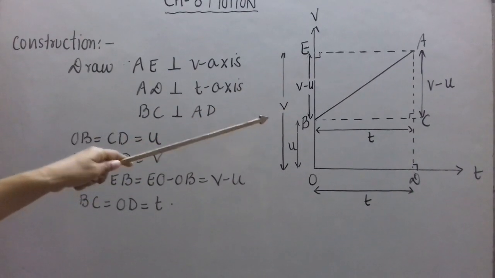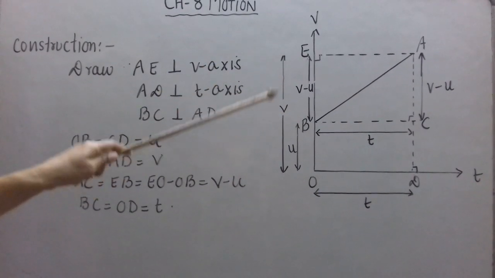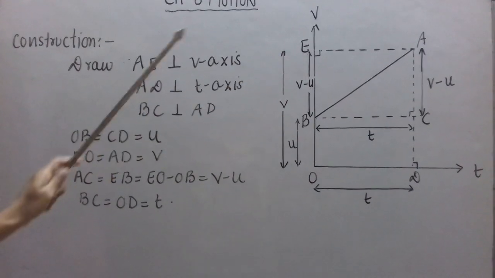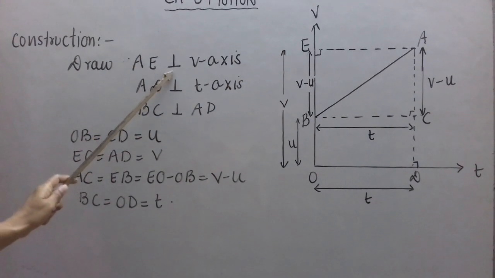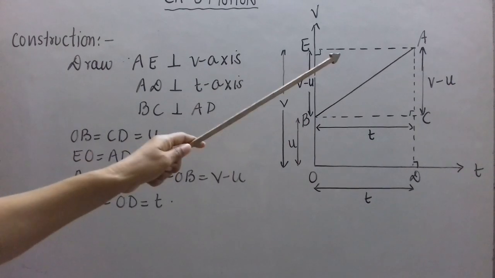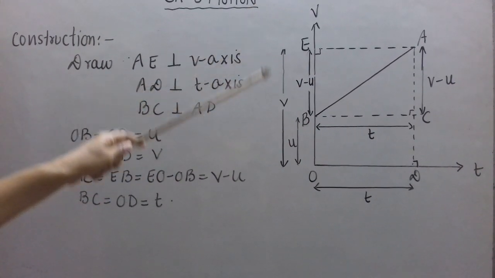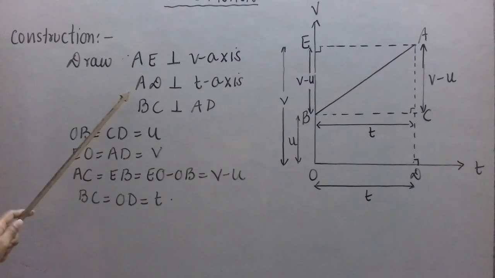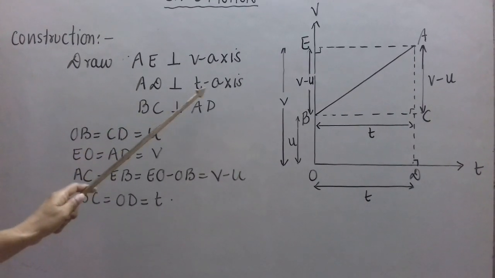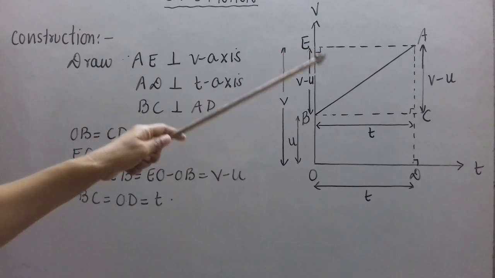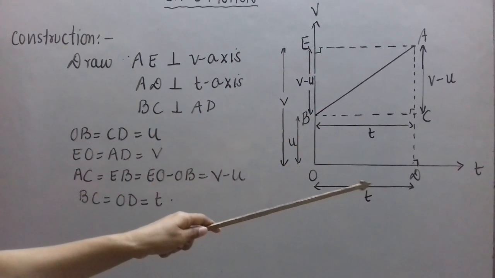AB is a graph. Draw AE perpendicular to the velocity axis. Using the scale I can draw the perpendicular to the velocity axis. Draw AD perpendicular to the time axis. From A, drop a perpendicular AD on the time axis.